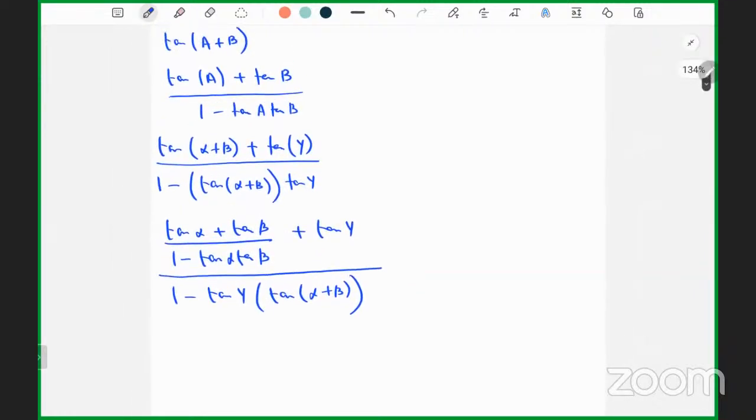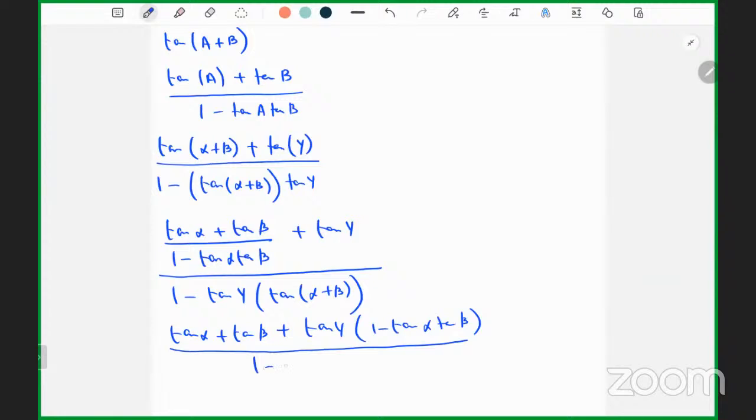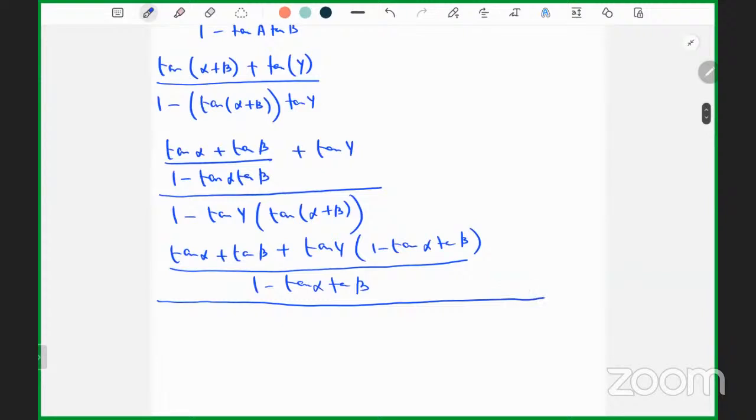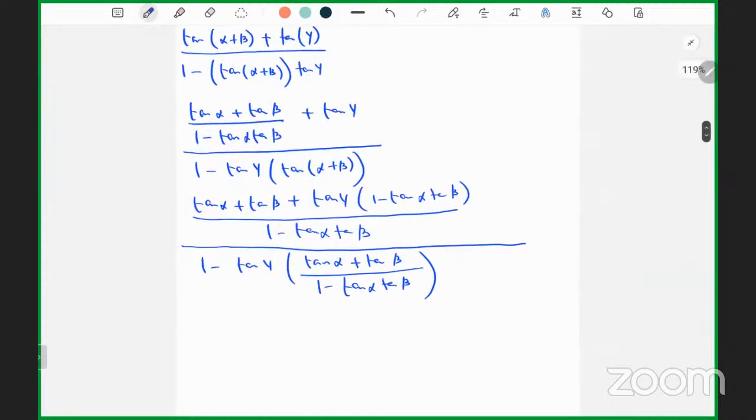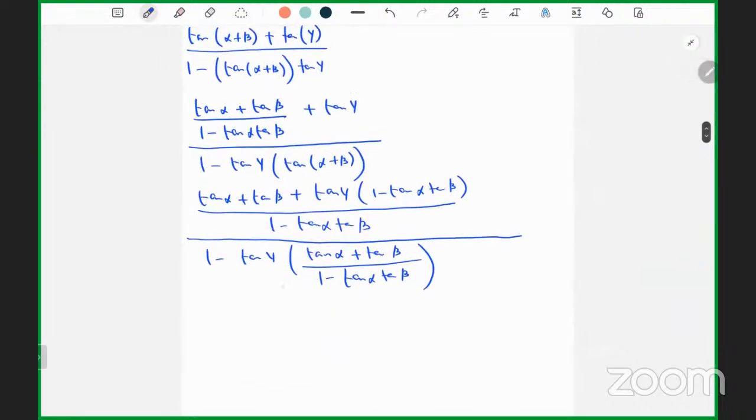I will expand this tan(alpha + beta): tan alpha plus tan beta plus tan y times 1 minus tan alpha tan beta, upon 1 minus tan alpha tan beta, upon 1 minus tan y times tan alpha plus tan beta over 1 minus tan alpha tan beta. I will calculate the LCM of the denominator.